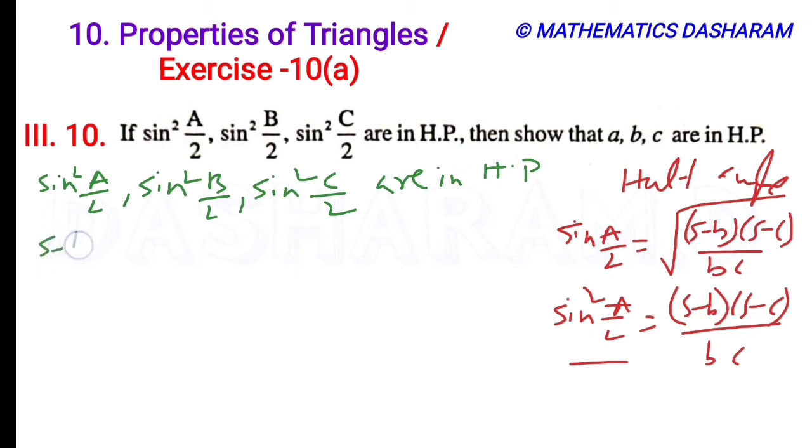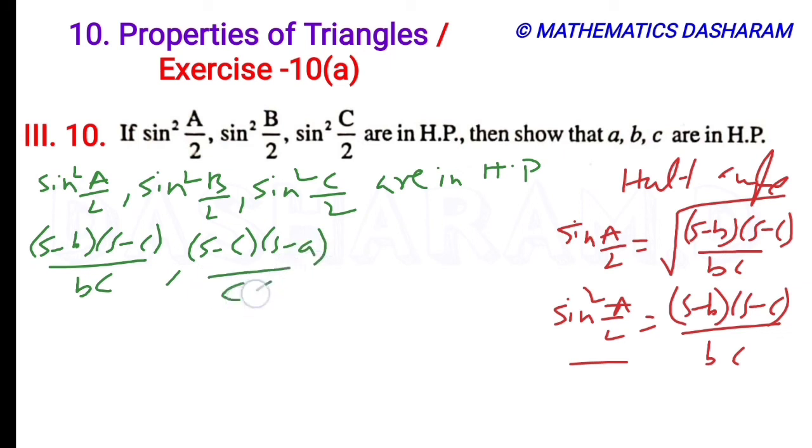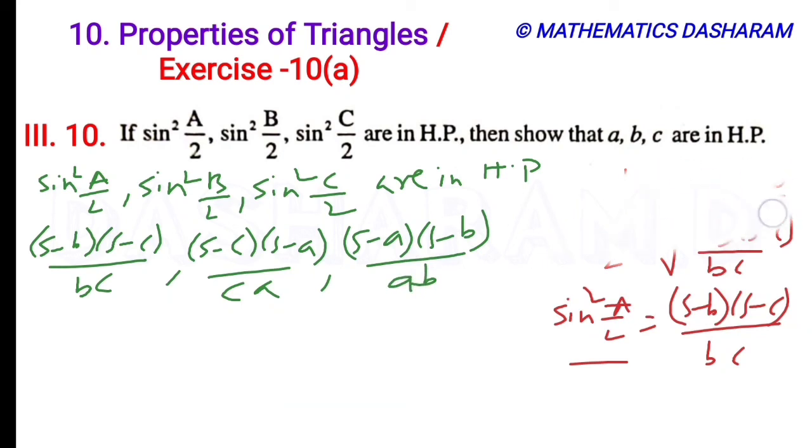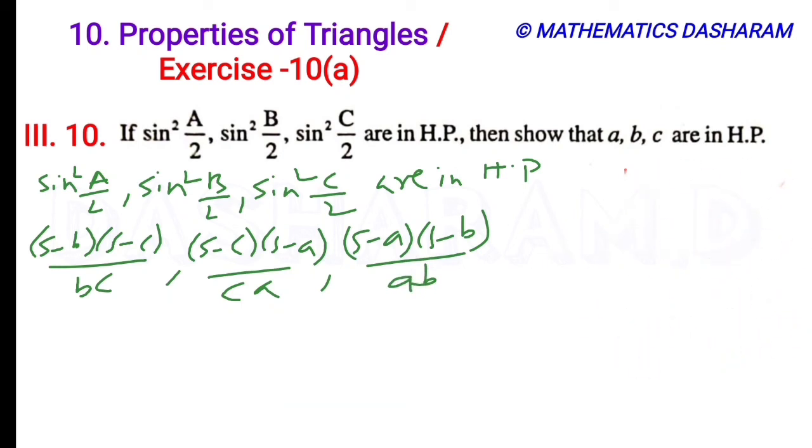So s minus b into s minus c divided by bc, s minus c into s minus a divided by ca, s minus a into s minus b divided by ab are in harmonic progression.